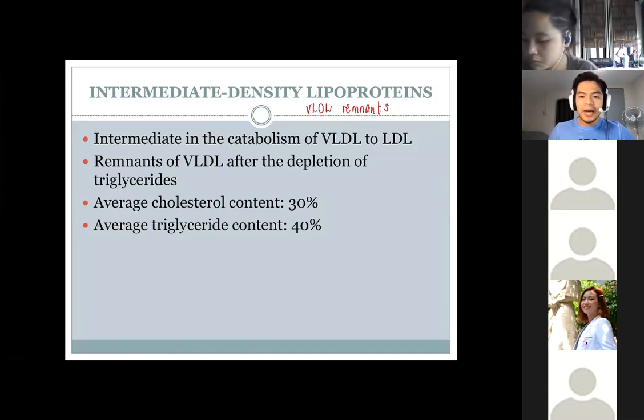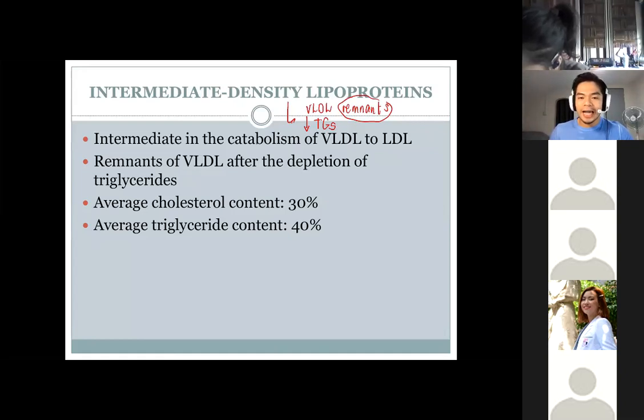Now, ano naman ang characteristics ng intermediate density lipoproteins? The term is remnants kasi ang IDL ay derivative ng VLDL comprising of a lesser amount of triglycerides compared to VLDL. If you could still remember, ang VLDL mayaman sa triglycerides.